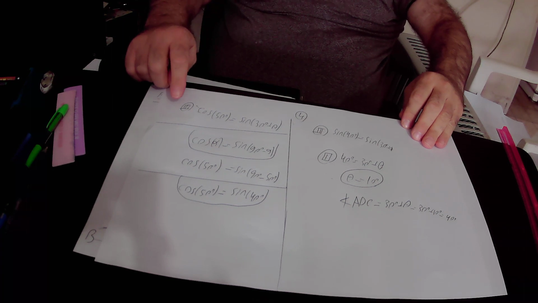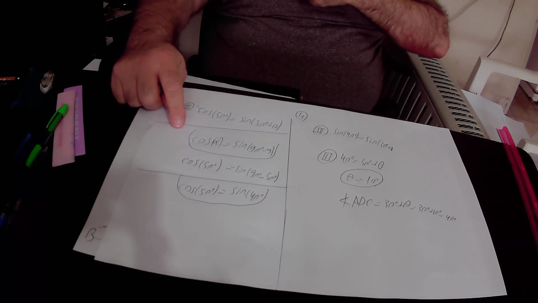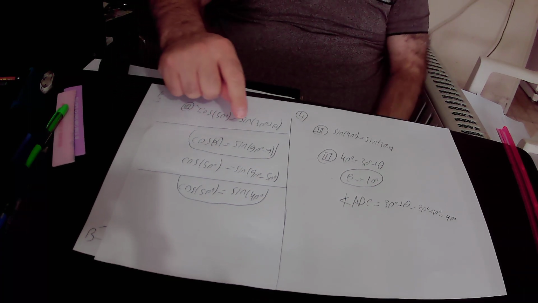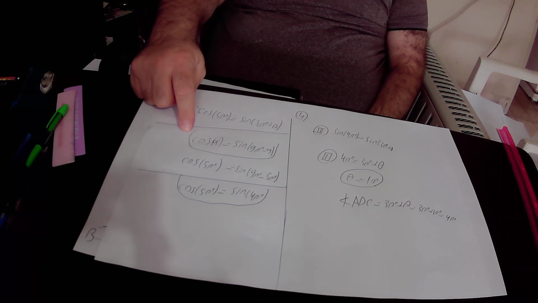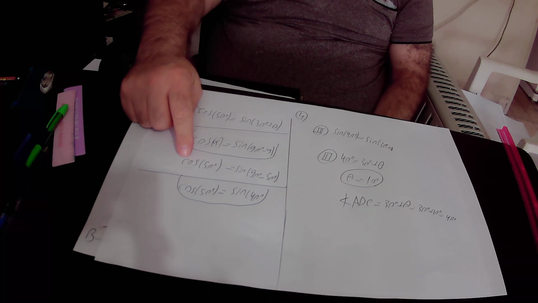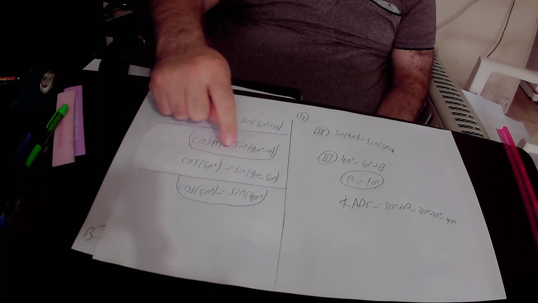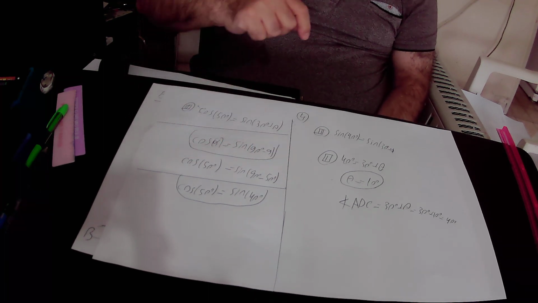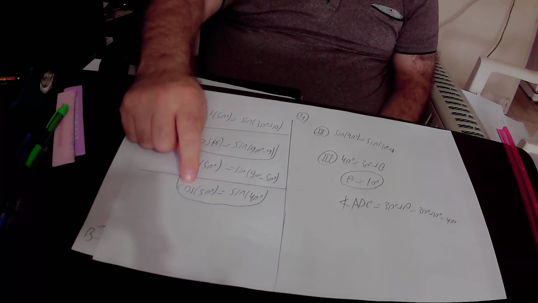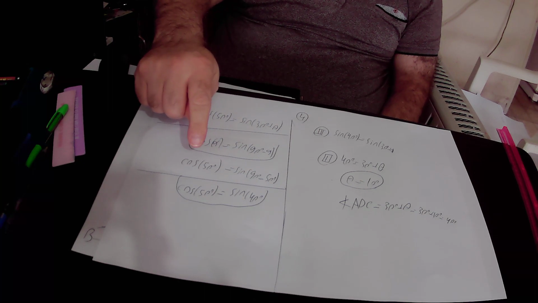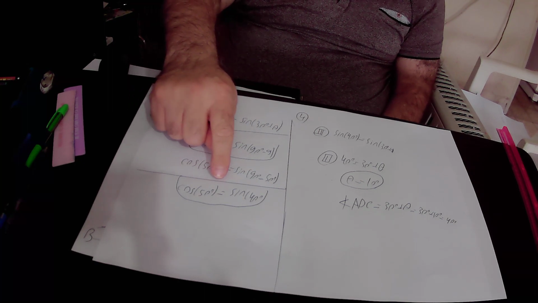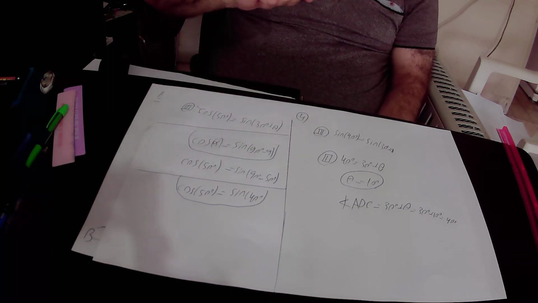Then we use the trigonometric identity that states that cosine alpha equals sine 90 degrees minus alpha. According to this identity, cosine 50 degrees must be equal to sine 90 degrees minus 50 degrees. That is to say, cosine 50 degrees equals sine 40 degrees.